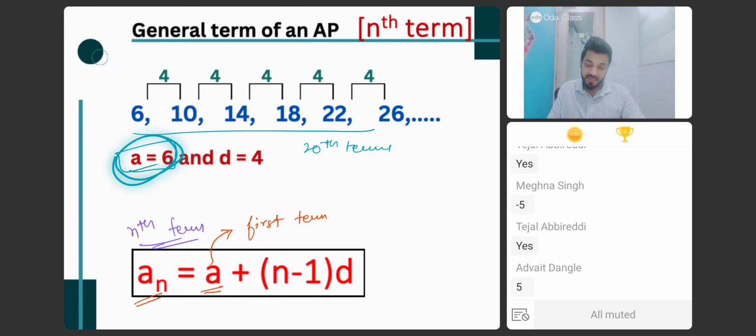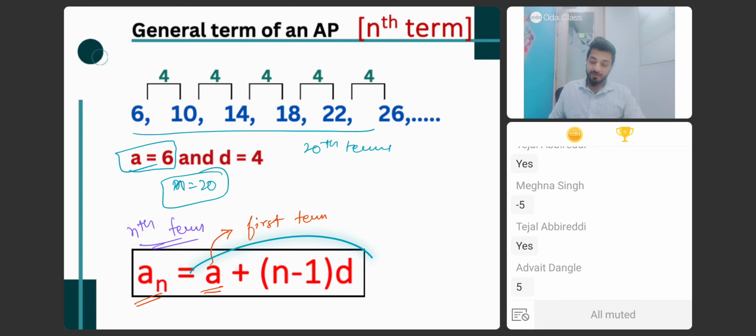First term is 6, a is 6. Common difference you can find out by 10 minus 6, so common difference is 4, and n value is 20. On the right hand side, we know the value of a, n, and d. So we just need to substitute these values.